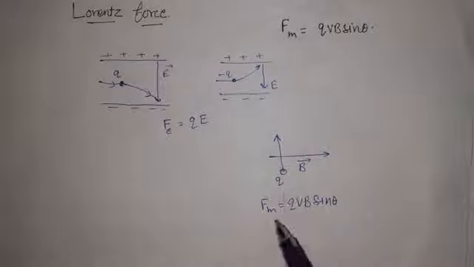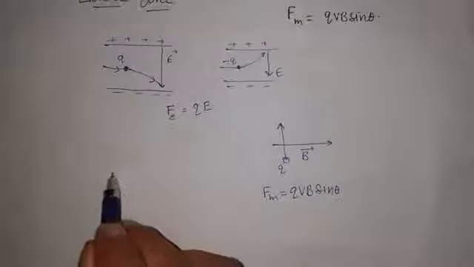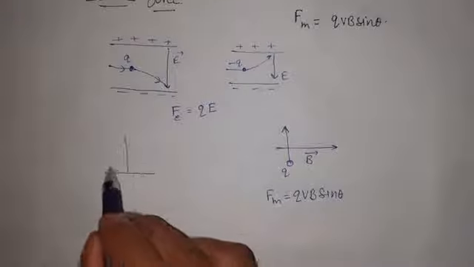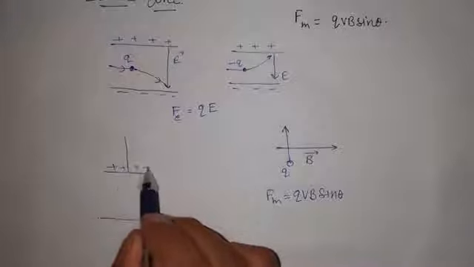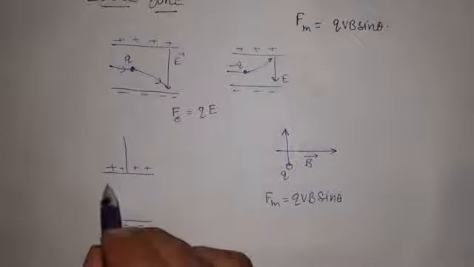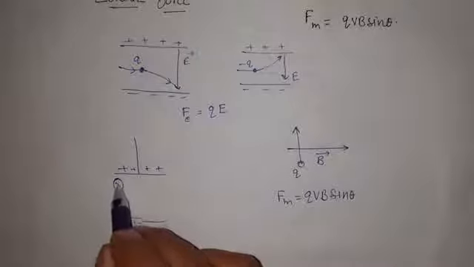Thus we get a region where there is an electric field. Here I suppose this is the positive plate and here is the negative plate, and there is a magnetic field in this region as well. So this is the magnetic field.